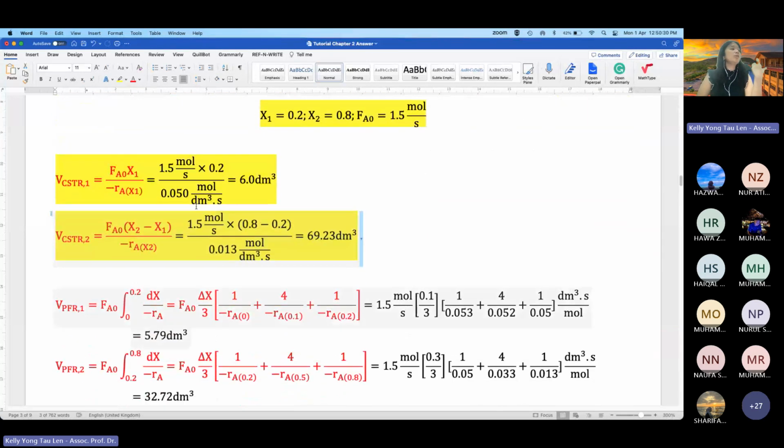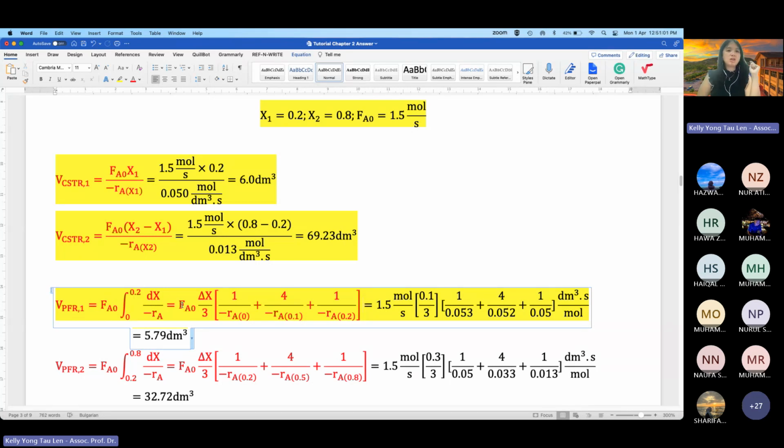So we repeat for PFR. We compare again. Can we use PFR instead? For the first PFR, again using Simpson's one-third rule, the volume of PFR1 equals FA naught integrating from 0 to 0.2, because the first reactor is converting from 0 to X1, which is 0.2, dX per minus RA. Then we convert into the Simpson's one-third rule.